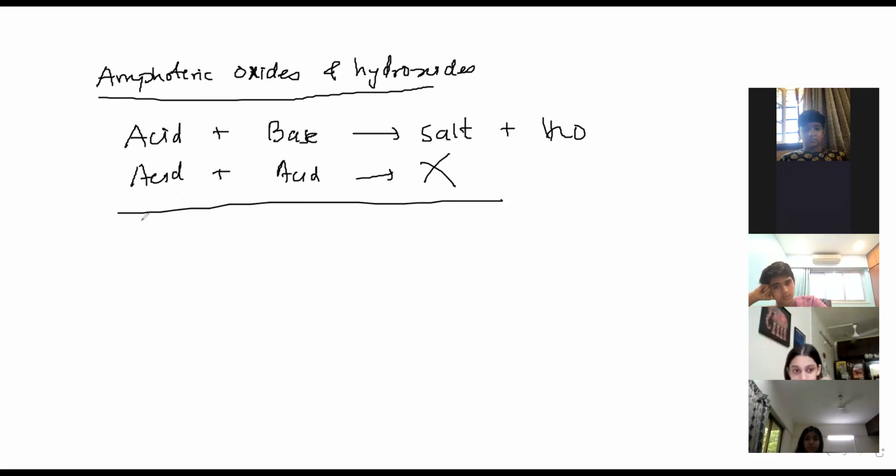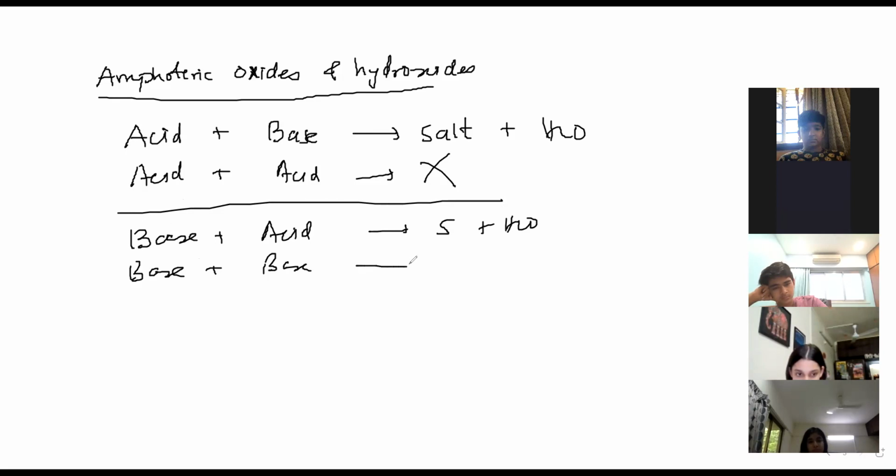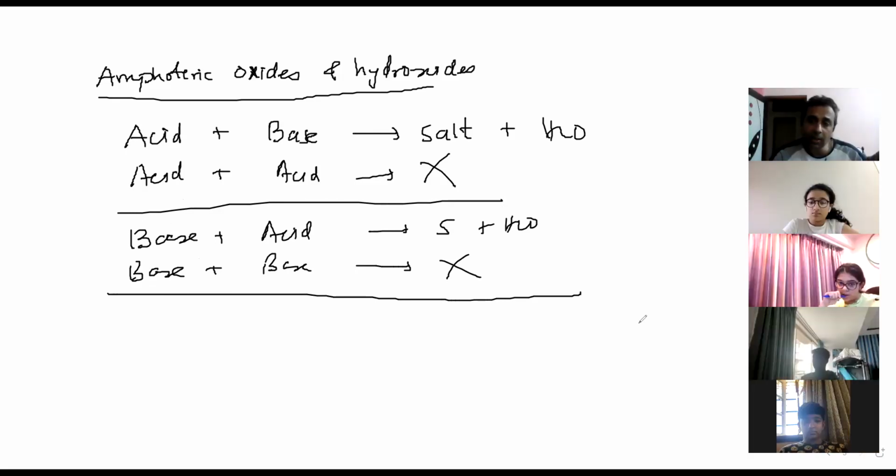Similarly, a base will react with acid to form salt plus water. But a base plus base, there will be no reaction. Okay, so acid reacts with a base and base reacts with an acid.